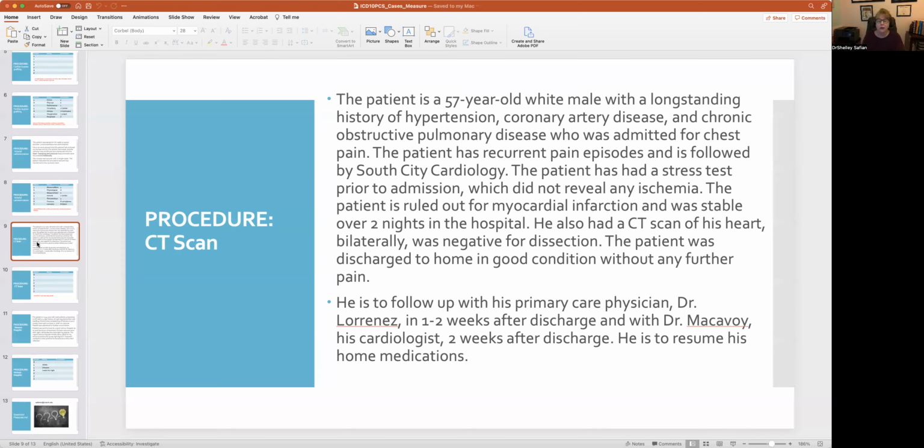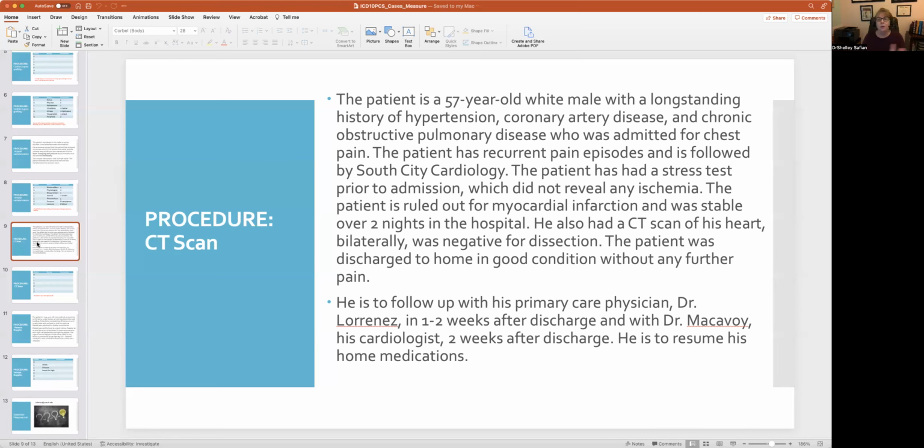Okay. He is to follow up with his primary care physician, Dr. Lorenz, in 1 to 2 weeks after discharge, and with Dr. McAvoy, his cardiologist, 2 weeks after discharge. He is to resume his home medications. Okay. Now you will see notes like this in the EHR, in the patient records, but by the time you get the case, you will have the confirmation that the CT scan was done, and you will have the report from the radiologist.